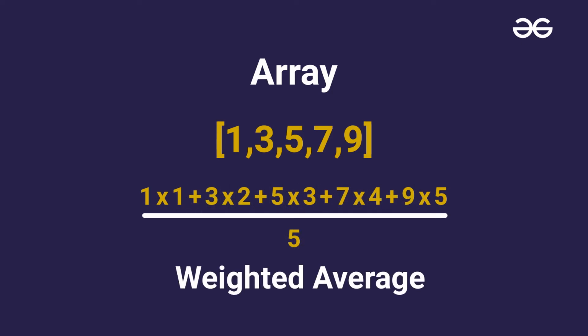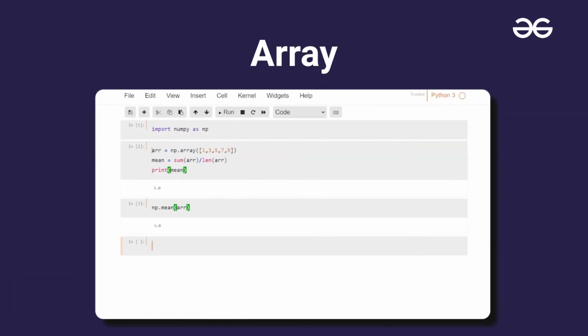Python NumPy has an inbuilt function for that as well. The array would remain the same, and if I define the weights, the weights can be 1 2 3 4 5 as discussed earlier, and the function used would be np.average of array, and I'd pass the parameter of weights.